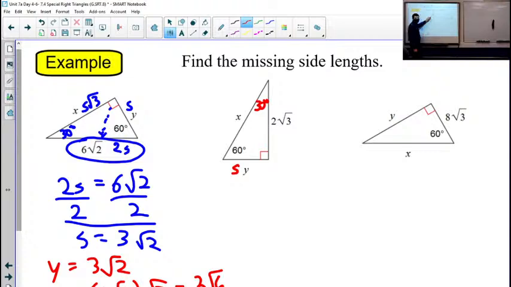It's across from the right angle, which should be here. I'm going to label it 2S. That's my doubling. Where's my long leg? It's across from the 60, which should be here. So that's my S square root of 3. That's my pattern.